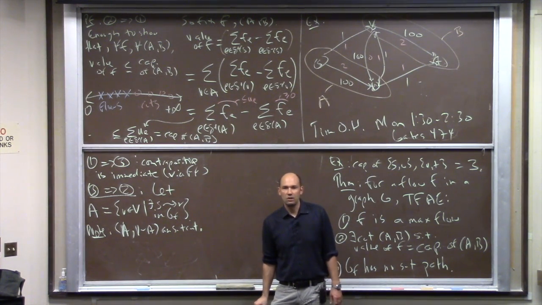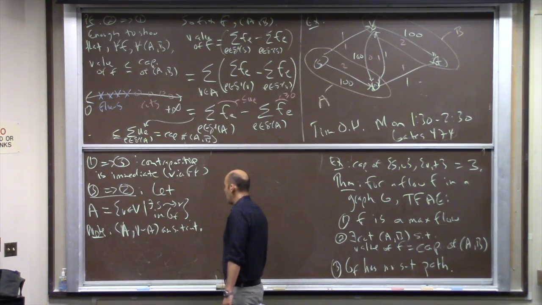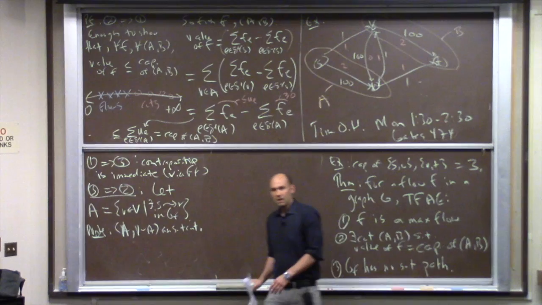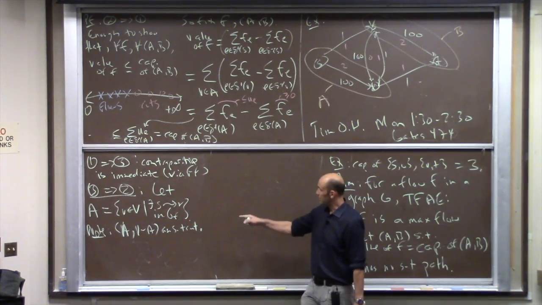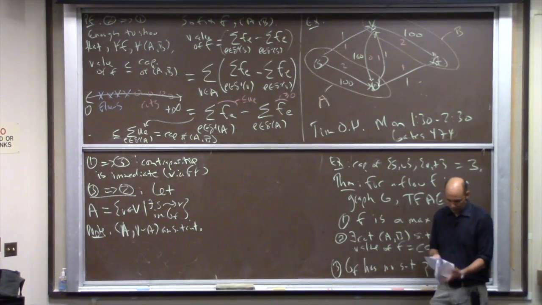Okay? Certainly S is in A. S can get to itself. Certainly T is not in A. Okay, that's by assumption. Can't reach T from S in G_f. And that's it. And it's a partition. So it's an ST cut. Okay? And so the claim is that this cut will actually meet our desired property 2.